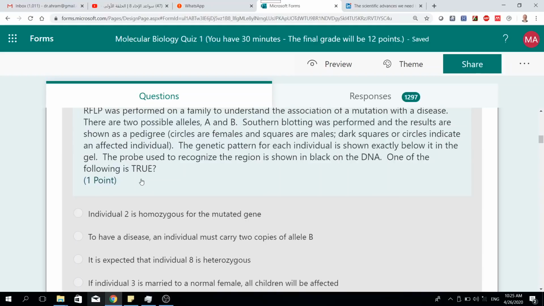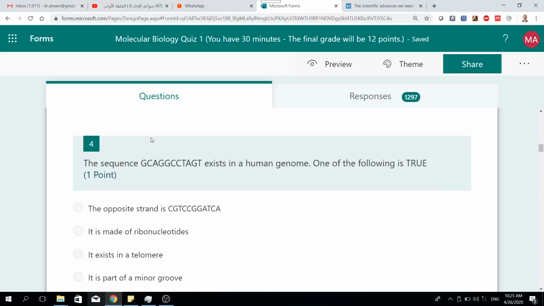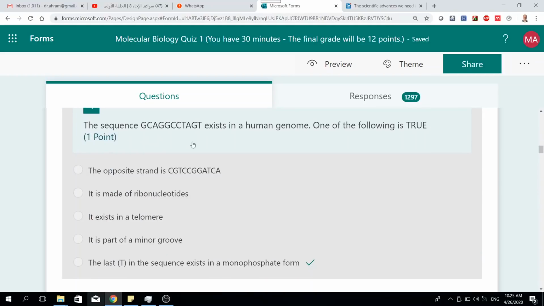One of the following is true. The sequence exists in a human genome. So we're looking at the true statement. The opposite strand, that is the complementary strand, is this. Well, notice something in here. Again, this is a trick that I told you about. I told you I can be mean.